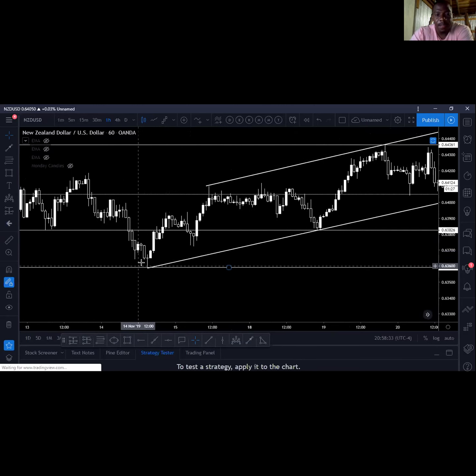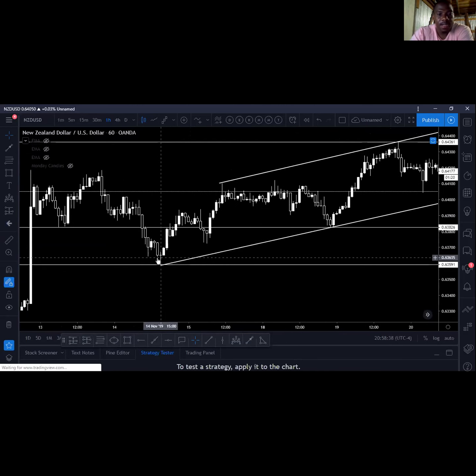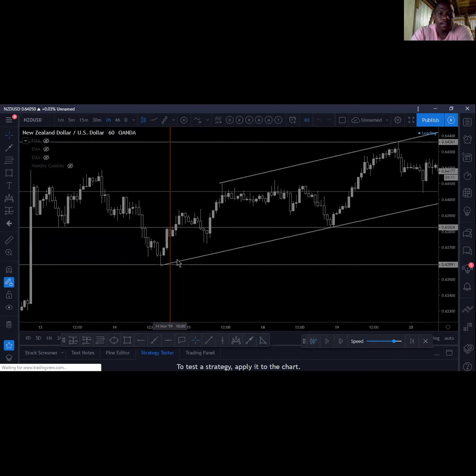Let me start at the base of the trend. So we're in the uptrend. We got a nice swing point right here. I can just cut off the market a little bit.